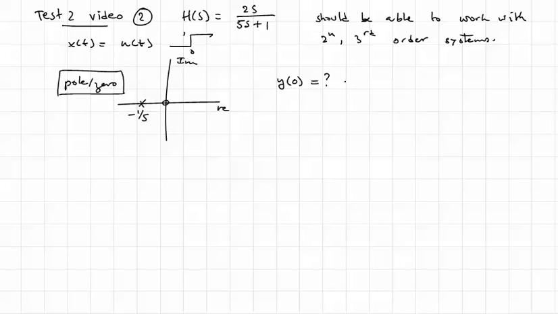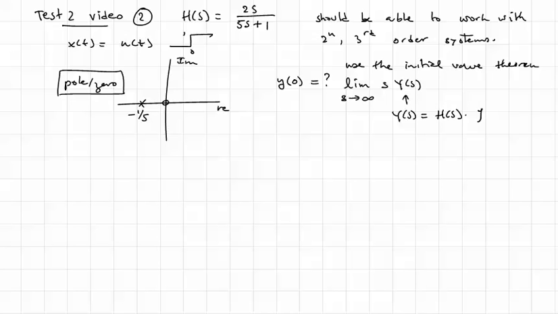Okay. Well, we're going to use the initial value theorem. Okay, so we'll say this is equal to the limit as s goes to infinity, so at time 0 we go to s equal to infinity, of s times Y(s). And Y(s) here is going to be equal to H(s) times the Laplace transform of the unit step, which is just 1 over s.